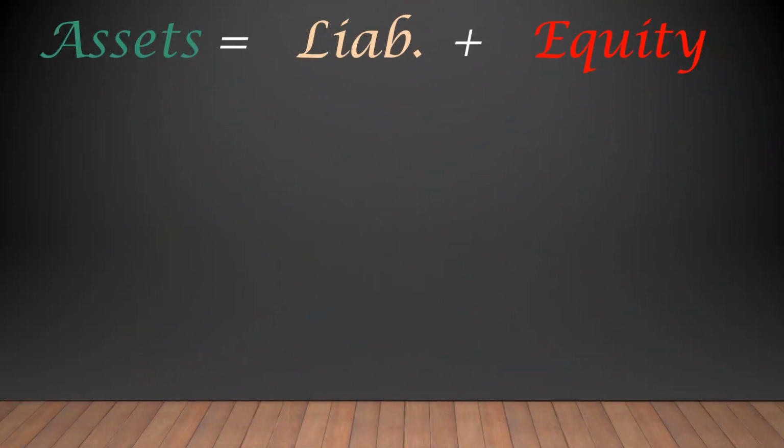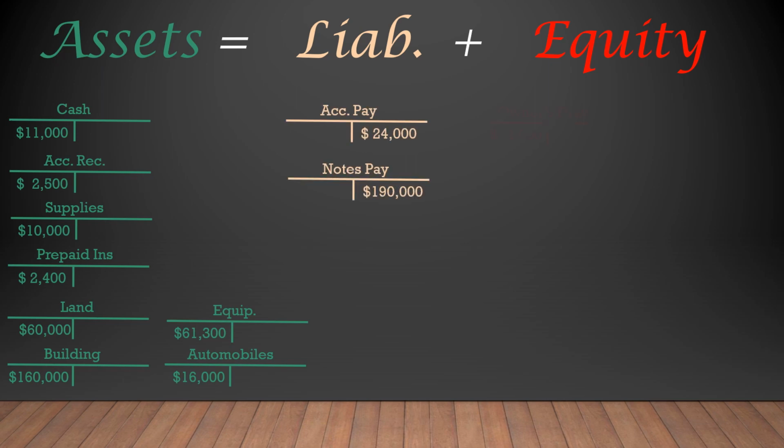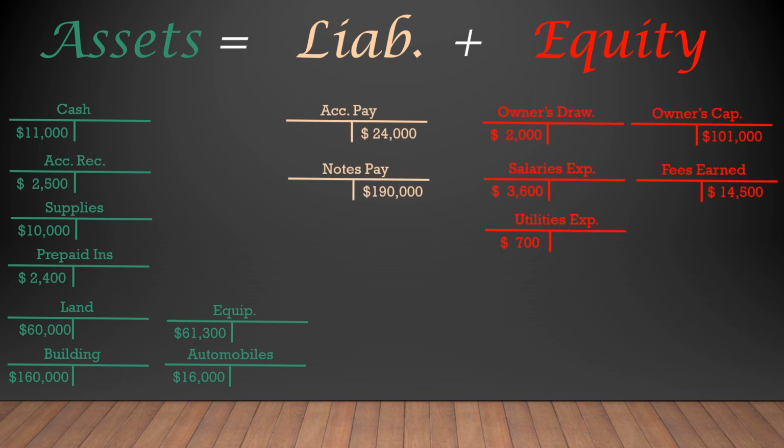When all these entries are recorded and posted to the ledgers, we can list each account's debit or credit balance categorized by assets, liabilities, or equity. The sum of our asset balances total to a $323,200 debit. Liabilities and equity total to a $214,000 and a $109,200 credit balance, respectively.